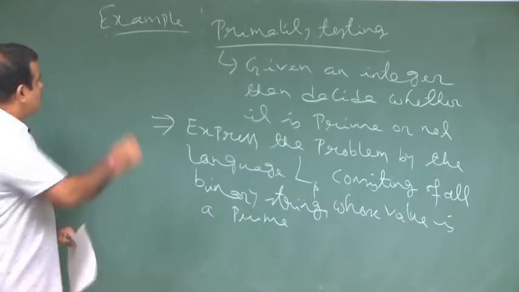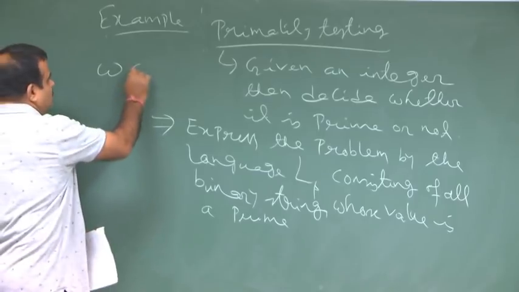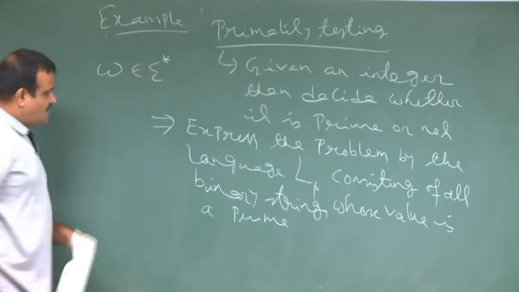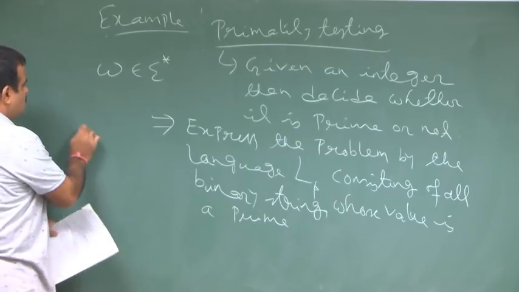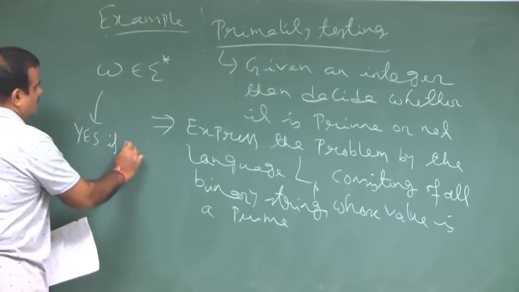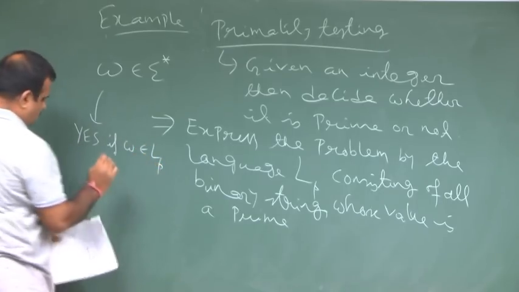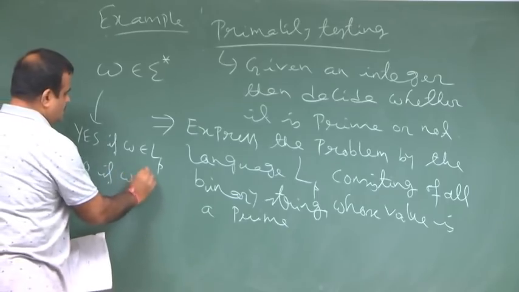Now, we are given a W, which is a 0-1 string coming from sigma star. Now, our machine should output yes if W belongs to LP, and no if W does not belong to LP.